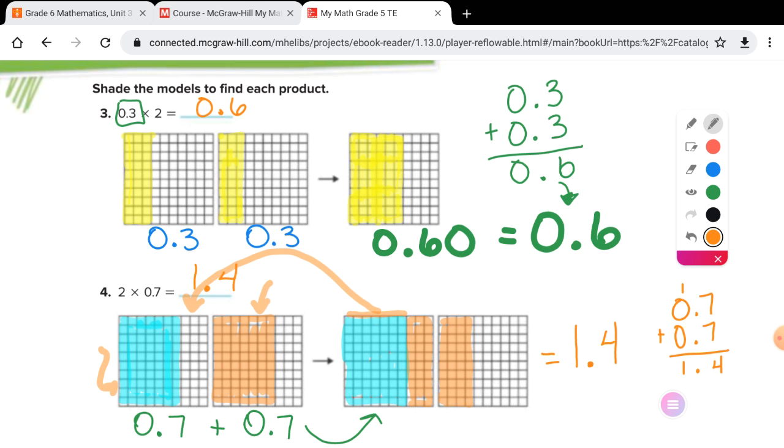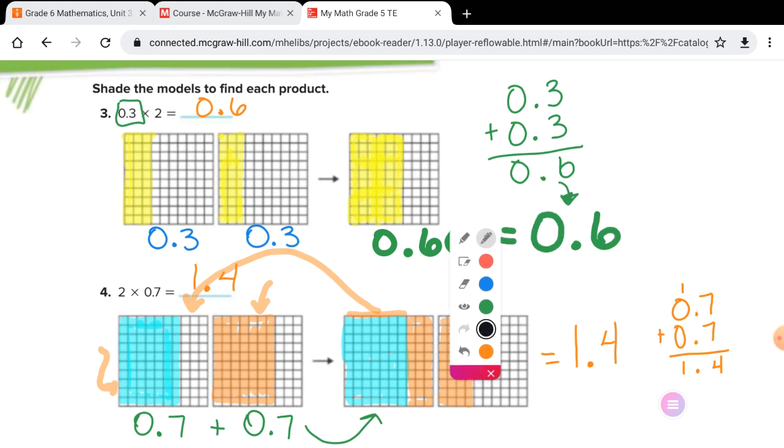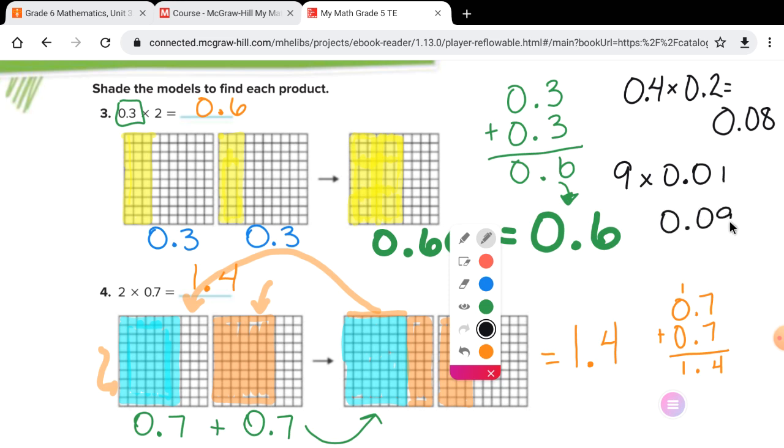I will tell you a few more true statements, like, you don't have to write this, 0.4 times 0.2 is 0.08. 9 times 0.01 is 0.09.